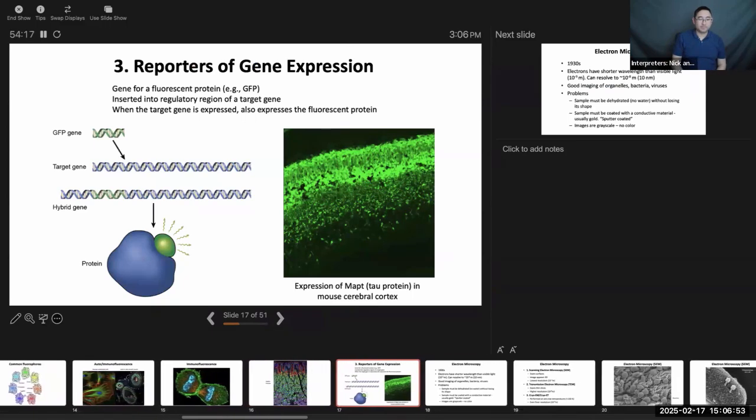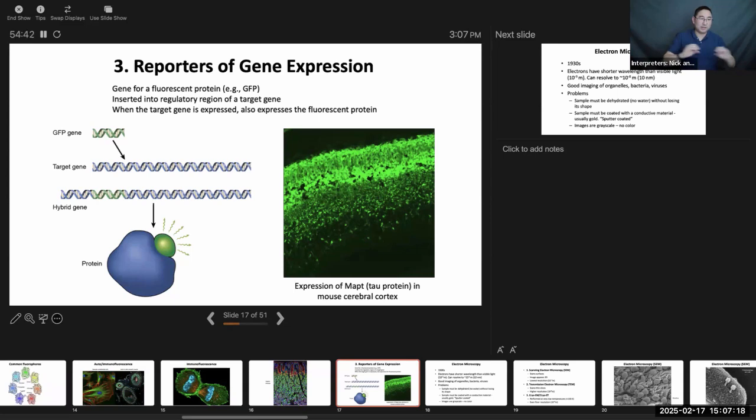All right, and the last use for fluorescence in light microscopy is what are called reporters of gene expression. So this is not designed to target some molecule in the cell.